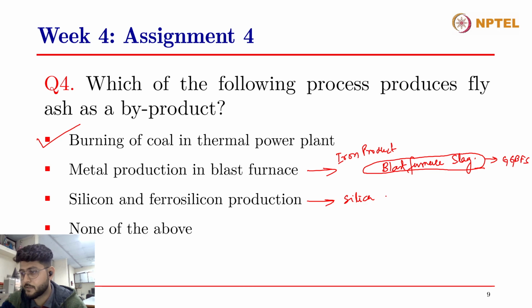Now it passes through an electrostatic precipitator, and it is condensed down, and that's how silica fume is separated out from these gaseous materials, and after that the gases are released into the atmosphere. So this silica fume is collected from silicon and ferrosilicon production.